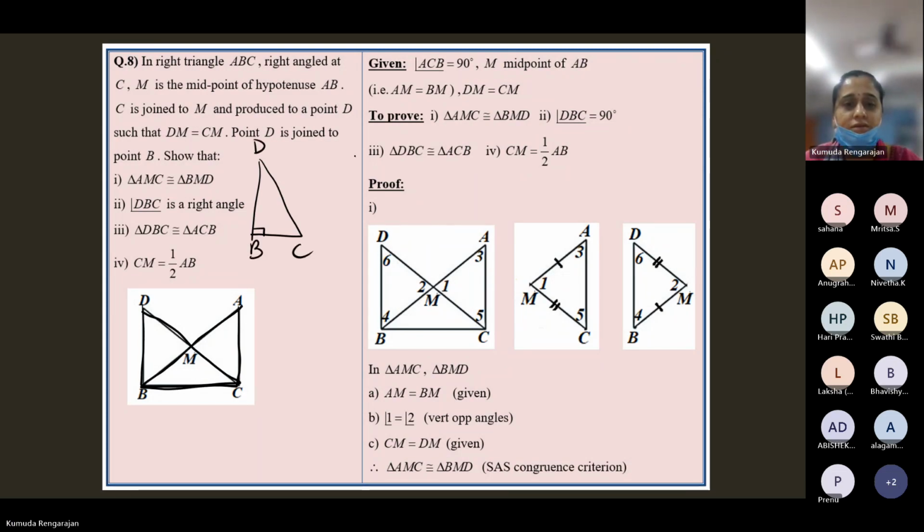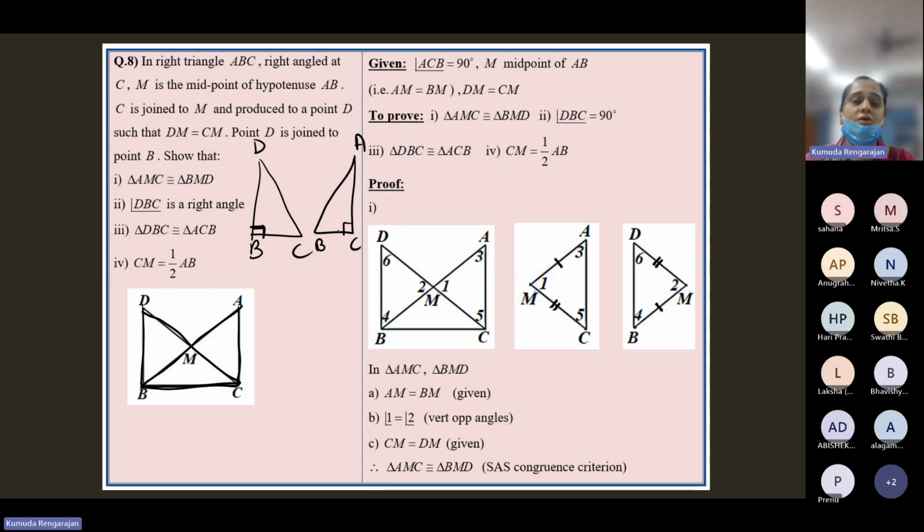DBC, ACB. Both are right triangles. We just proved that this is 90 degrees. Now, we'll have to show that these two triangles are congruent to each other.